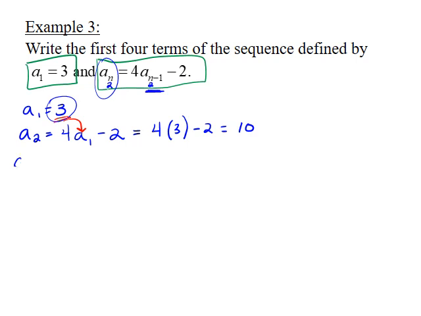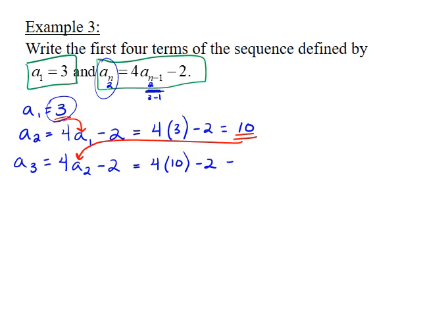Okay, well, if I want to find the third term, then anywhere I see an n, I'm going to replace it with a 3. So this becomes 3 minus 1, which is a sub 2. Well, a sub 2 we know was 10. So this becomes 4 times 10 minus 2. 40 minus 2 is 38.